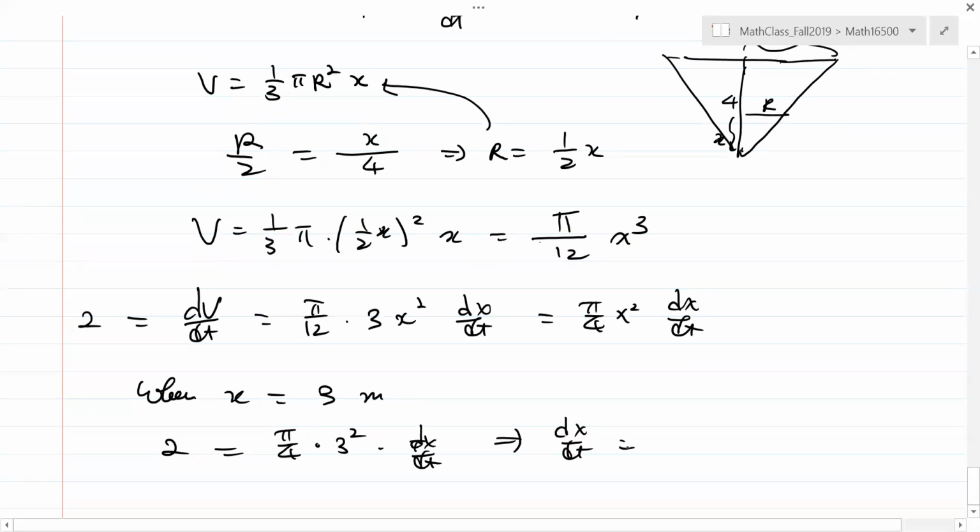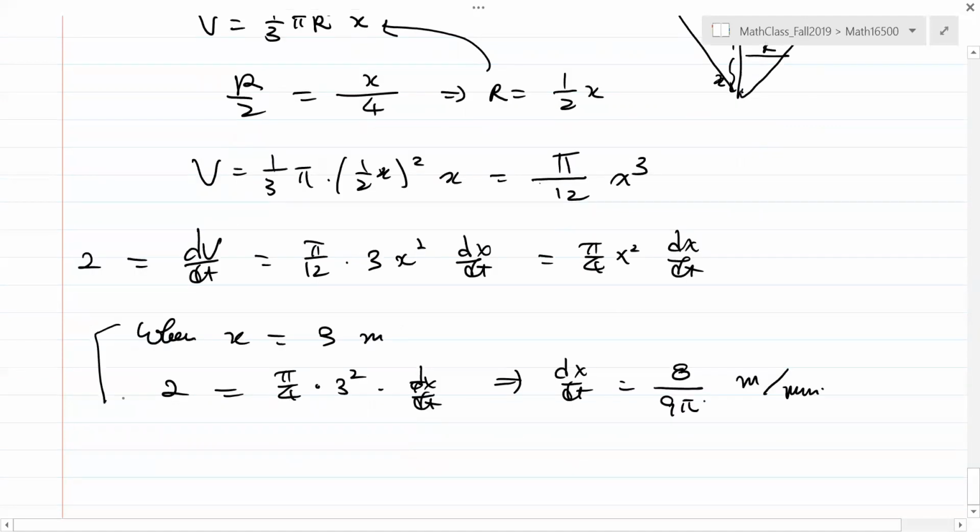So let's do this. This is going to be 8 over 9 pi meters per minute. So you get this rate, and actually it depends on the value in general. In general, dx/dt is going to be 8 over pi x squared.